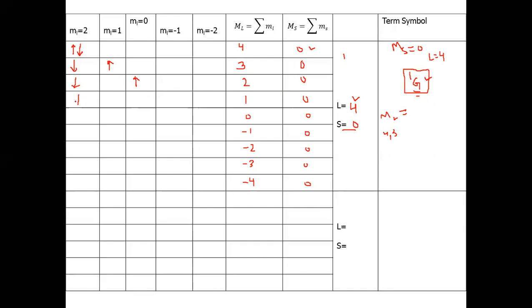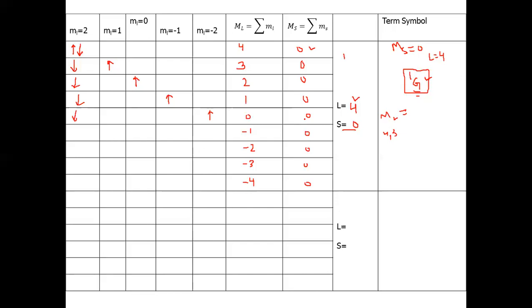Now if we keep it here and move this one step to the right, ML is 2 minus 1, 1, and MS is 0, because they have opposite spin. Next, move this to here. So this has ML 0 as well as MS 0.